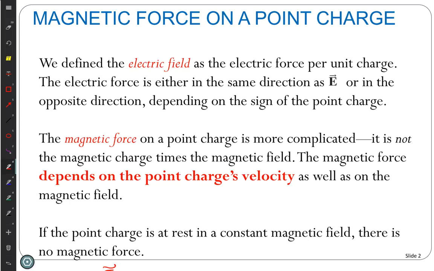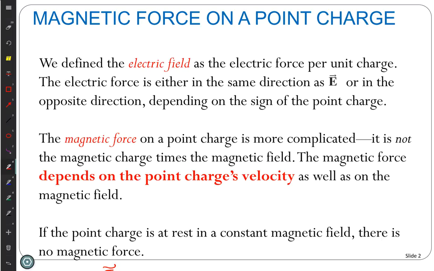Second is the direction of the force. The direction of the force is not the same direction as the magnetic field. Remember, with the electric field and the gravitational field, the force was the same direction as the field. The magnetic force is perpendicular to the magnetic field, and at the same time perpendicular to the velocity of the particle.